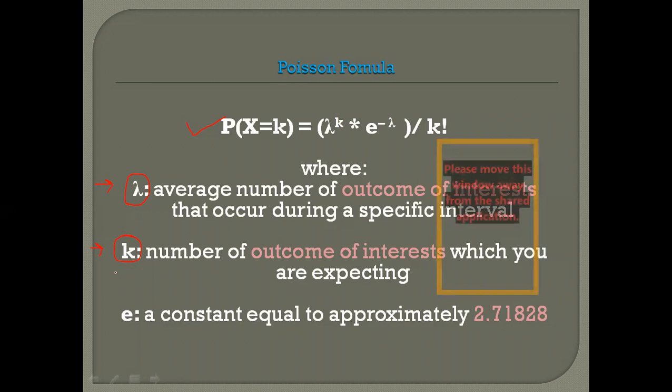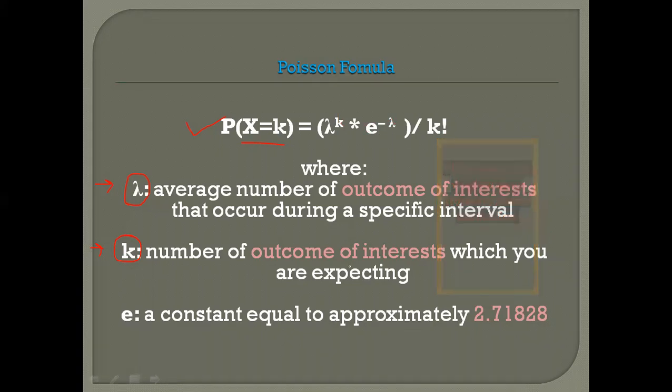If you want to calculate the probability of 15 births per hour, K here is 15, and you can use this formula. Lambda, the average, is raised to the power K, then you multiply it by E, the Euler number, raised to the power minus lambda, and then you divide the whole thing by K factorial.